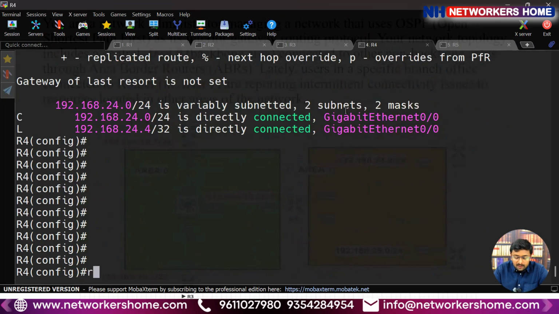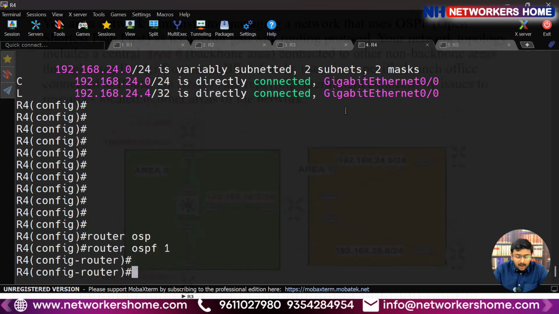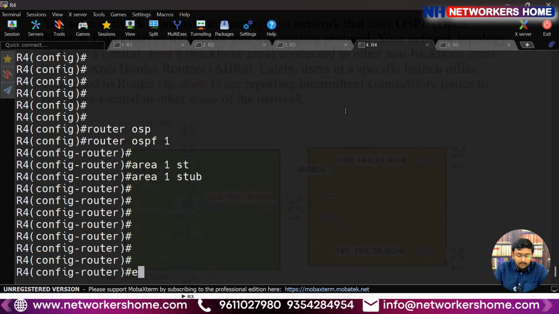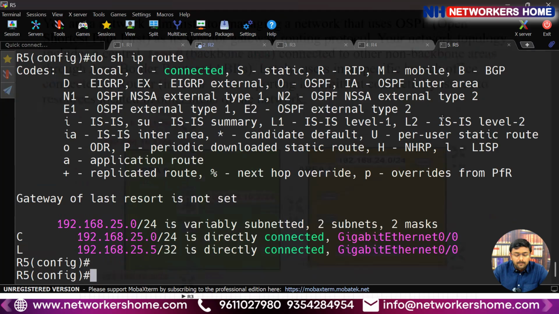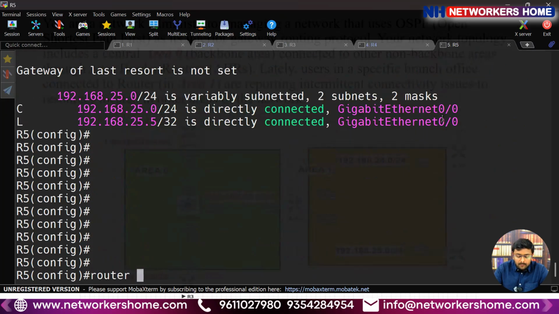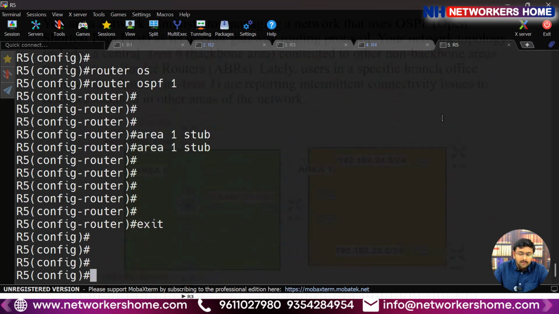How do we configure this? Router ospf 1 and area 1 stub, then exit. Same we have to do on router 5 also. Router ospf 1 and area 1 stub, then exit.